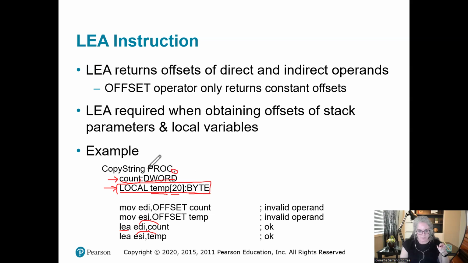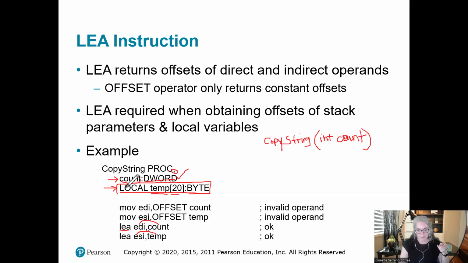So let's say that this was in C++. You would have copy string with count. A double word is like an int. And then you would have count. So that's a parameter.